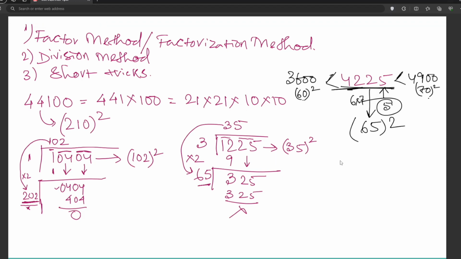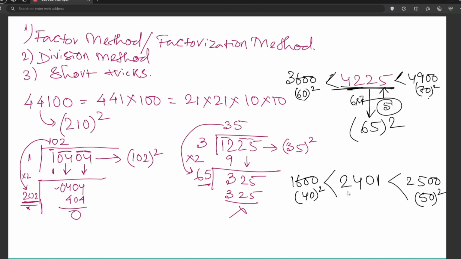Again, suppose I take another number, 2401. The larger square number than 2401 is 2500, which is the square of 50, and the smaller is 1600, which is the square of 40.